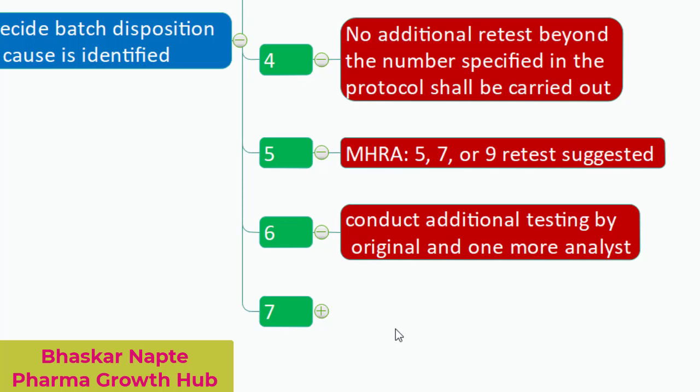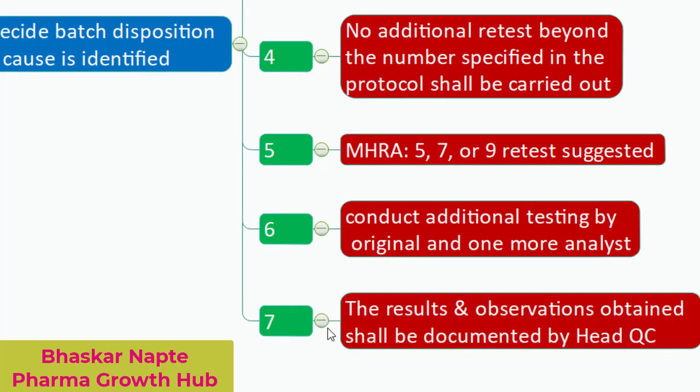You should select the original analyst who has reported the OOS, and you can also have a second analyst who is equally expert and qualified to conduct the analysis under the investigation, and all results must be monitored, reported and documented under the strict supervision of the person responsible for the review or the quality control head.